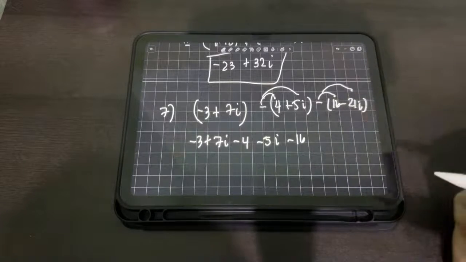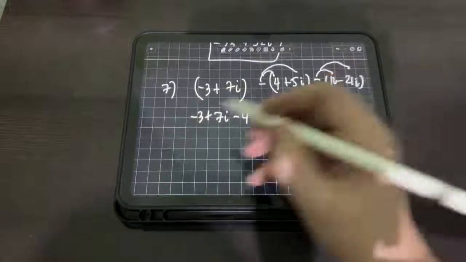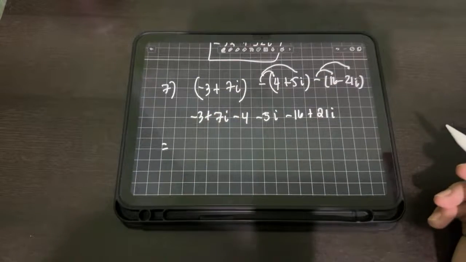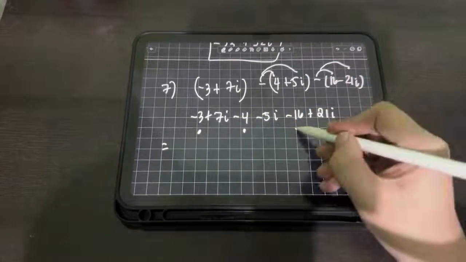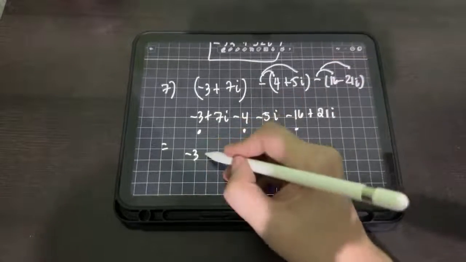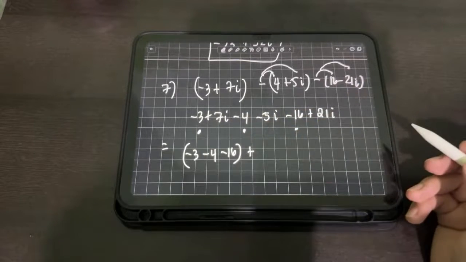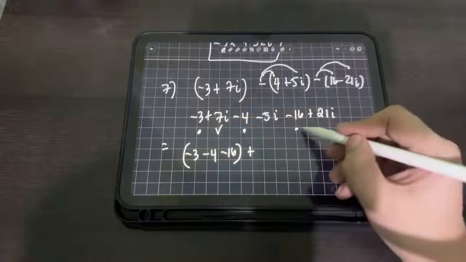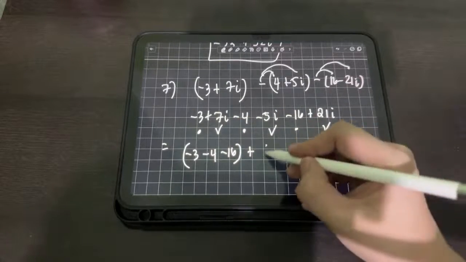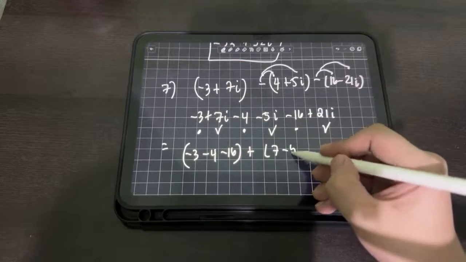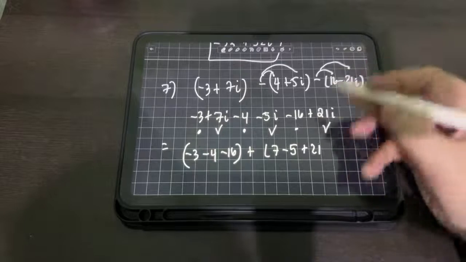So negative times -21, positive 21i. So we can now combine similar terms for the real parts, -3, -4, -16. So -3 minus 4 minus 16 plus the imaginary part, 7i, -5i, and 21i. So 7 minus 5 plus 21i.